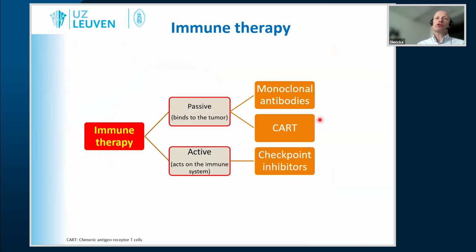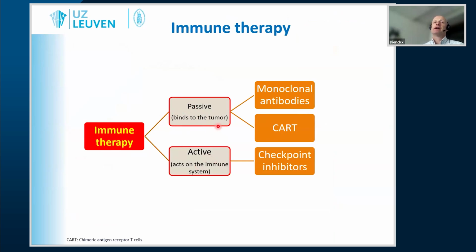So that was the introduction on the mediastinum. Now I will go to some basics of immune therapy, because we all know immune therapy has really changed our therapeutic landscape in lymphomas. And actually, immune therapy can be divided into what we call passive immune therapy and active immune therapy.